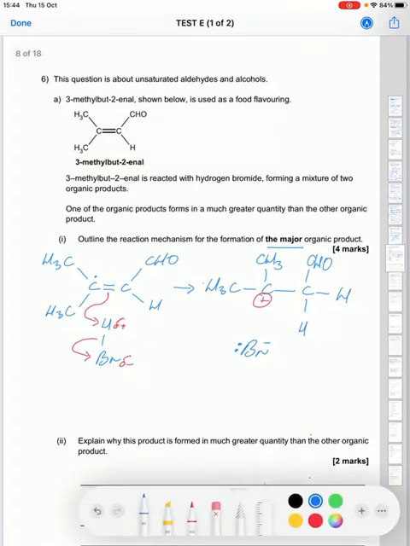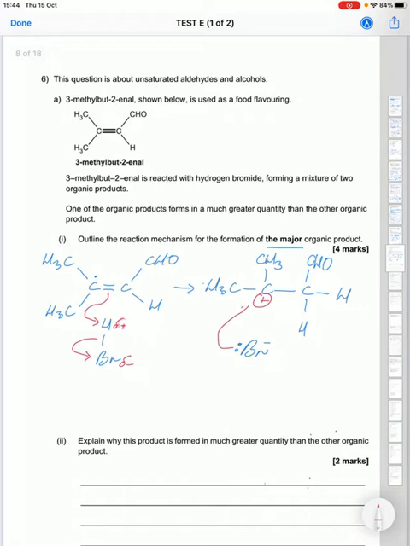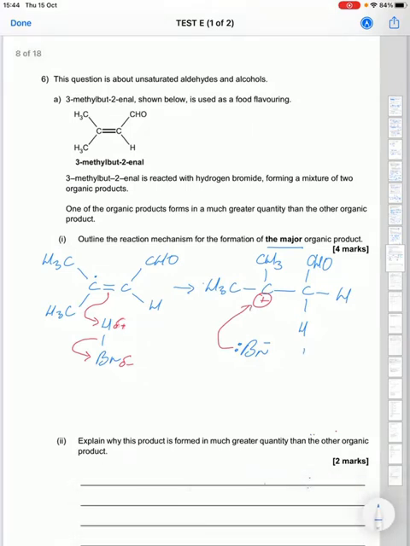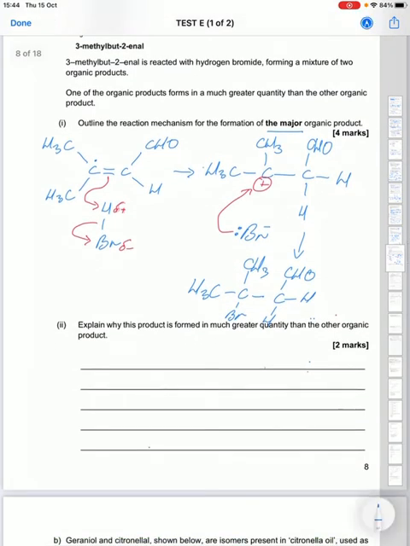Need my lone pair of electrons. Remember, the curly arrows have got to start from the pair of electrons, which goes to that positive carbon there, which then gives me my final product, that one there. Okay, so there'll be 1 mark for each correctly drawn curly arrow and 1 mark for the correct intermediate.